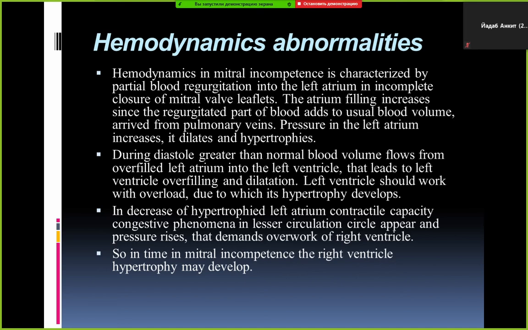During diastole, greater than normal blood volume flows from the overfilled left atrium into the left ventricle. That leads to the left ventricle overfilling and dilatation. The left ventricle should work with overload, due to which its hypertrophy develops.